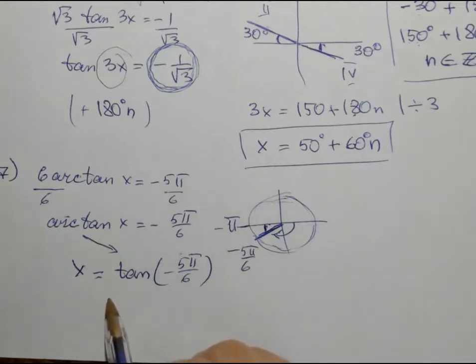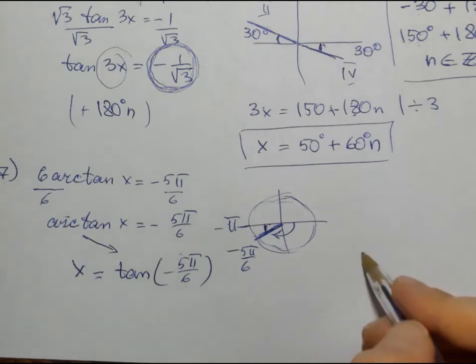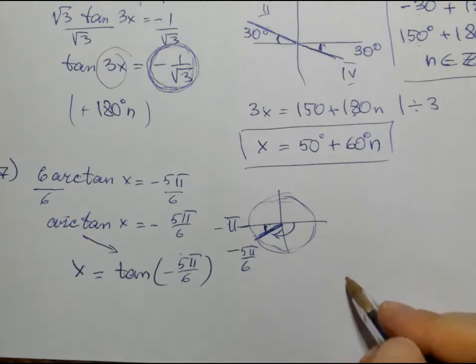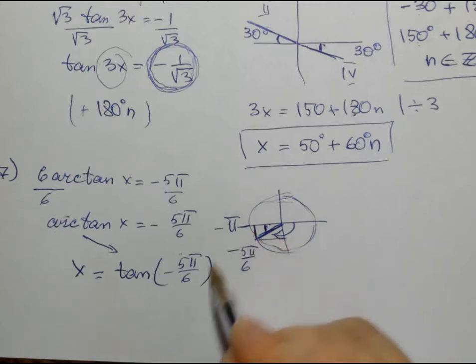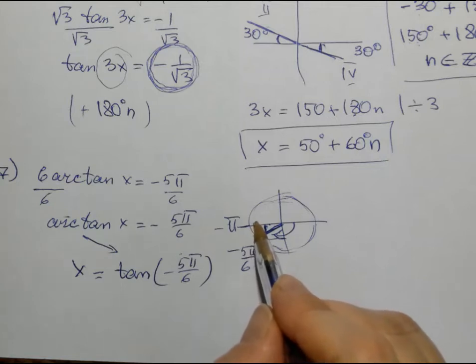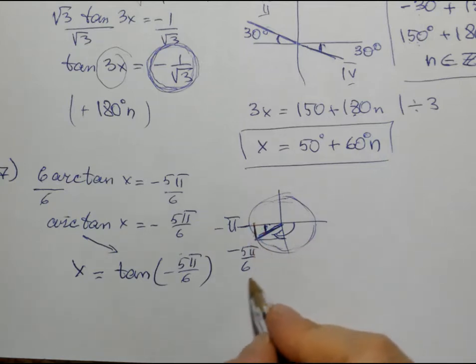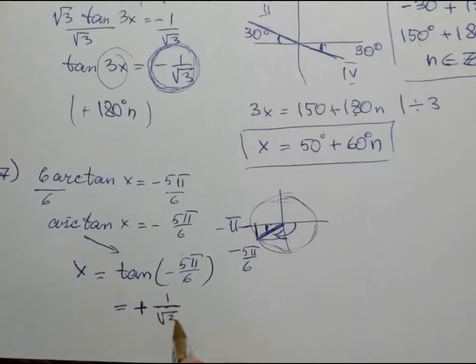And we want the tangent. Tangent will be y over x. So y is negative 1/2, x is negative square root of 3 over 2. So the tangent will be negative 1 over negative square root of 3, which is positive 1 over square root of 3.